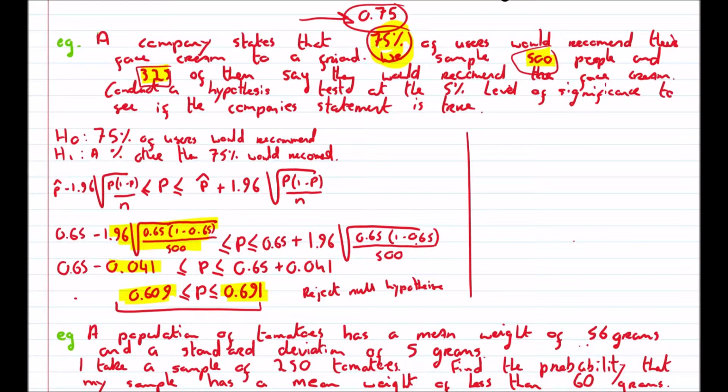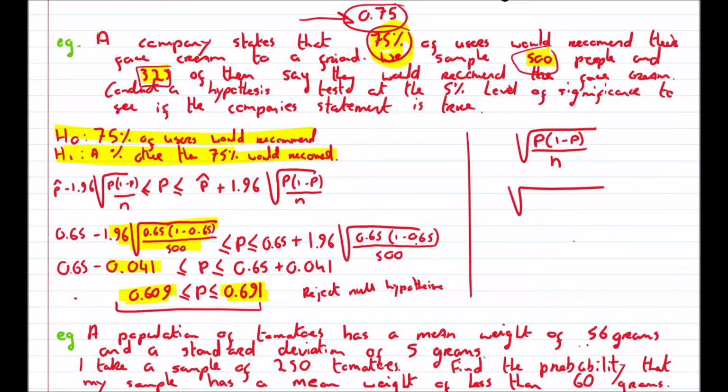The other method I could use is the z-scores. So again, I would state my null hypothesis, but this time I would just take my standard error formula, P1 minus P all over N. I would throw my figures into it.